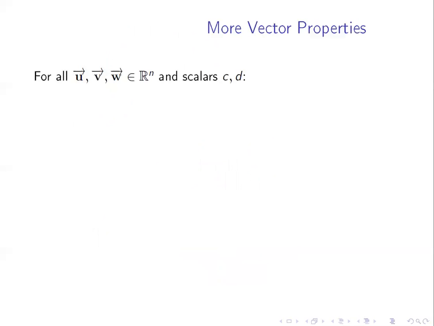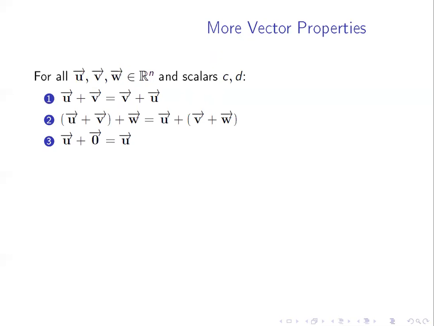So that's cool. Other properties: if I have 3 vectors, notice they all have to be of the same dimension. If I have 2 of them, I can add them in any order, just like regular numbers. If I have 3 of them added, I can add any 2 together and then add the third one, just like regular numbers. If I add the 0 vector, it doesn't change anything, because any number plus 0, okay, that's obvious.